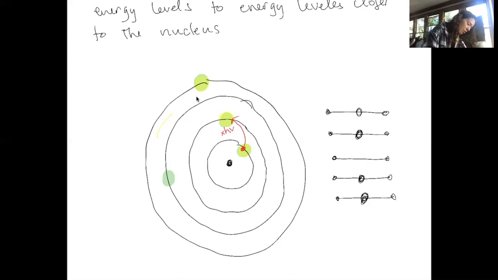And I'm going to write, remember that v is the same as f. So h times the frequency. Okay, and we're going to call this times hf, right? f for frequency.